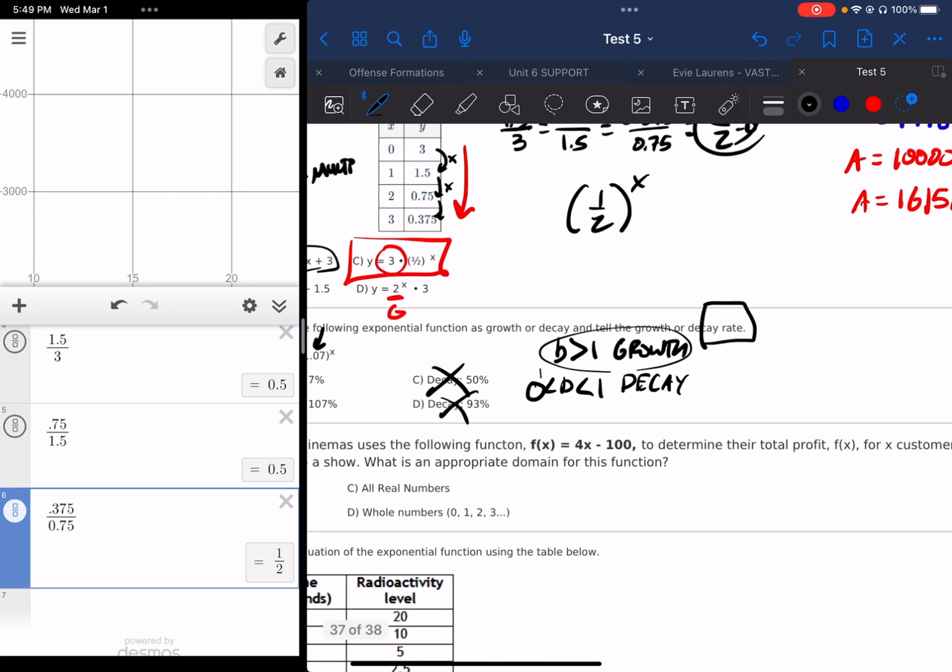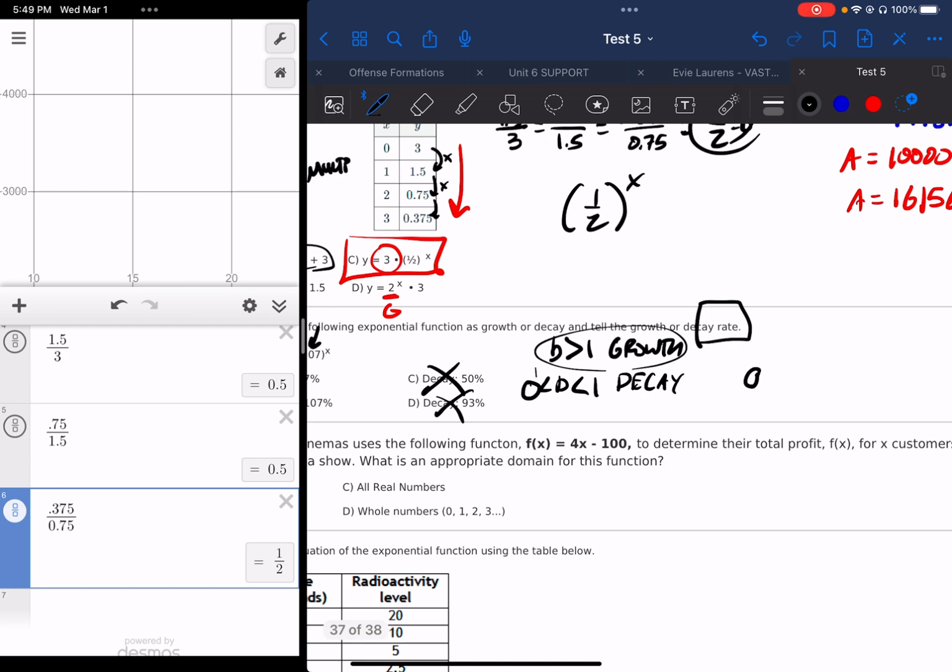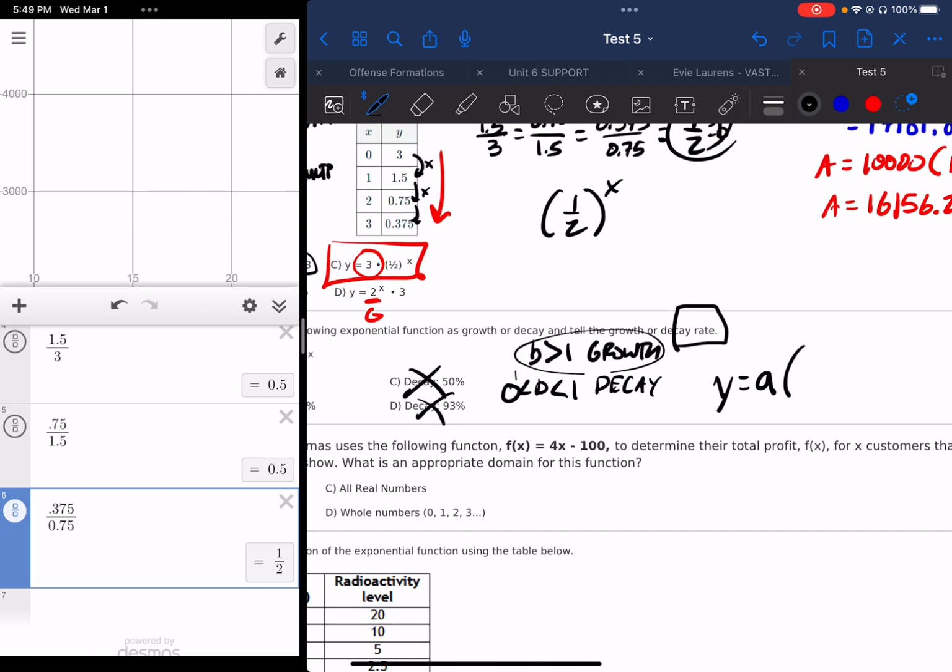If you go back to your notes and look at the formula for growth, we know that I have a starting or initial amount, which is a, and then my base is 1 plus whatever the rate is, and then raising that to a power. This rate is listed as a percentage, and we turn it into a decimal.